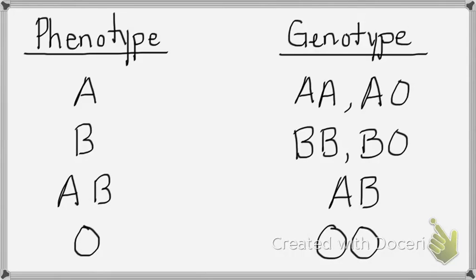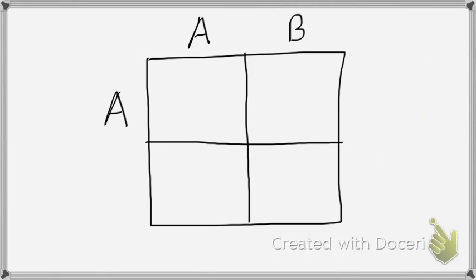Should we assume that Susan is AA or AO? You assume Susan's AO because you don't know. You can't tell, so you assume that she's hiding the O allele. Just assume that. All right, so I've got this problem here. You agreed with me that we're going to assume that Susan is AO, so I went ahead and put the O in there. Let's look and see how this would be solved.